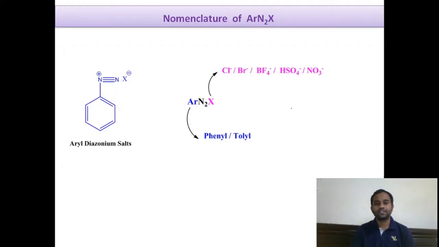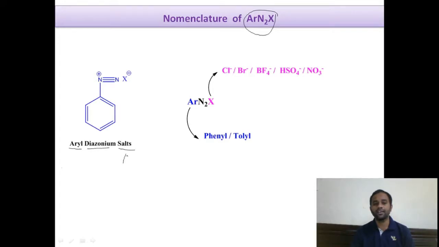Now here is the nomenclature of the aryl diazonium salts. It is very simple how to name these Ar N2X type compounds. First we name the aryl part, followed by diazonium, then followed by the anion name.